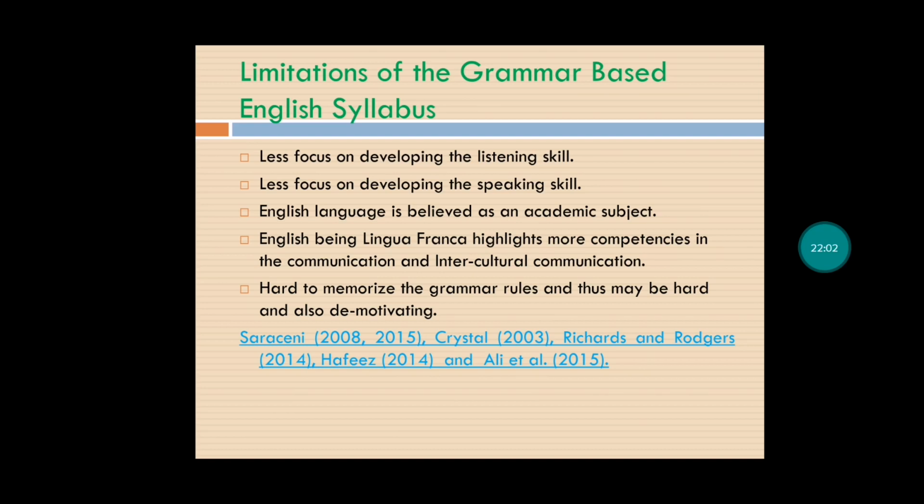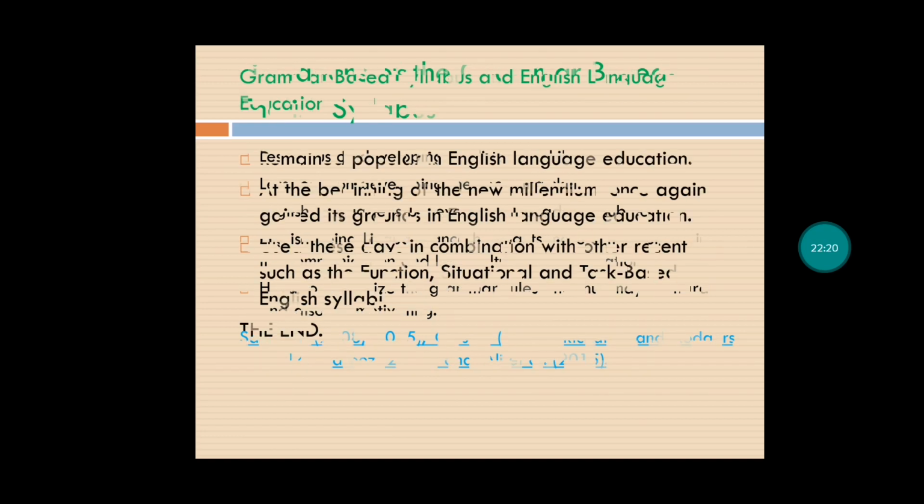And Hafiz 2015 highlighted the need for developing communicative competency. And my own study, Ali et al., has also highlighted the desire and motivation among Pakistani students to use the language in different situations.